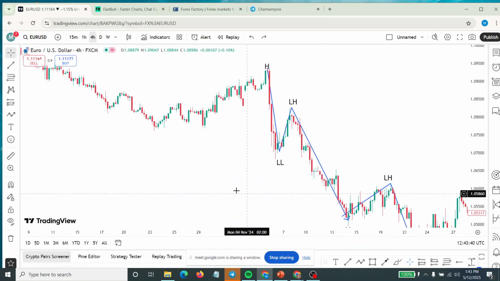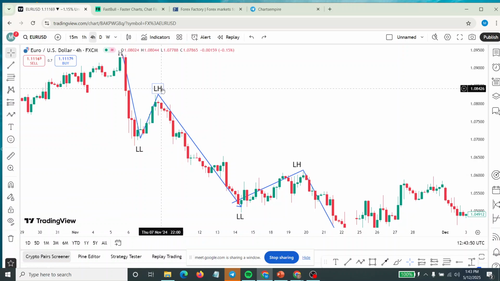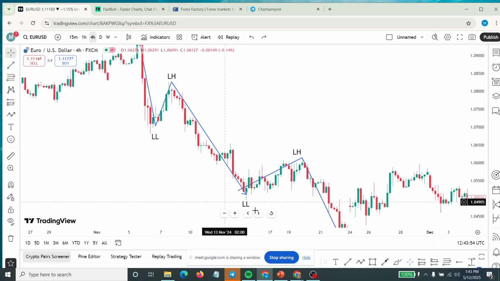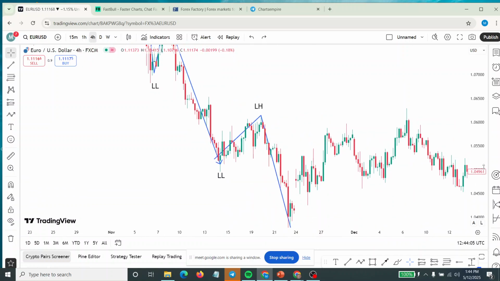So in this scenario, you can see this is our impulsive move. We had a pullback. The pullback we had here is our lower high. After this pullback or retracement, we have a new impulsive move, and the impulsive move here is what led to this lower low. With this lower low we expect a pullback.